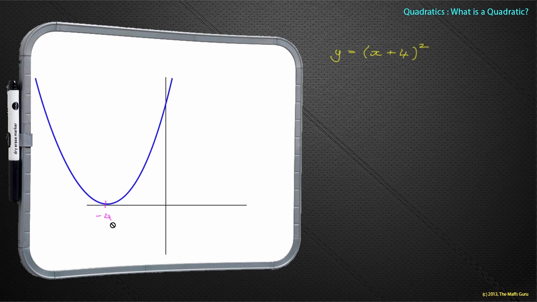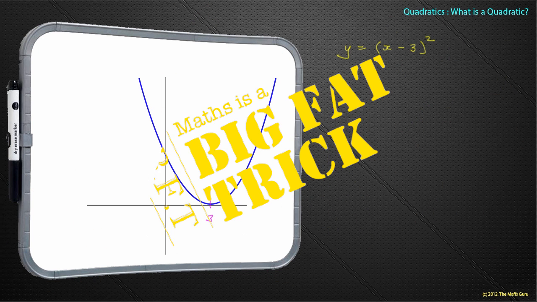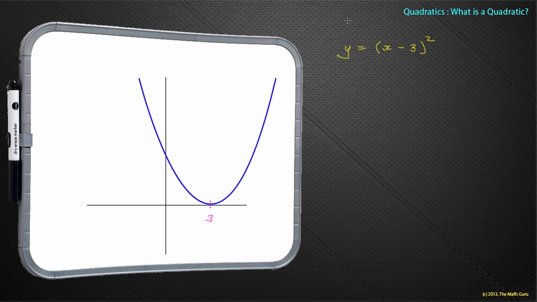We had a -4 here and a +4 in the brackets. And that's where maths tries to trick you, because it's just a trick. Yep, what we find is this value inside the brackets, the one that's with the x, is actually the horizontal translation. So that's our horizontal movement.